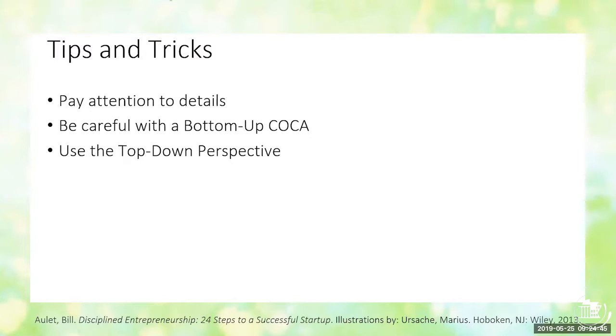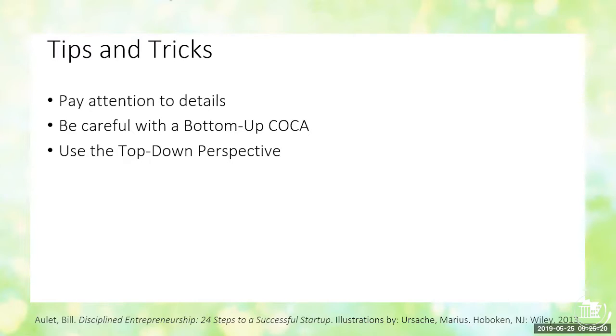So number 2 is be careful with bottom-up COCA calculations, as they tend to be significant underestimations. A bottom-up analysis that factors in all these other expenses tends to get messy very quickly and can create a false sense of accuracy. A completely accurate estimate of the cost to acquire one new customer is hard to project. So make sure that your calculations are based on data.